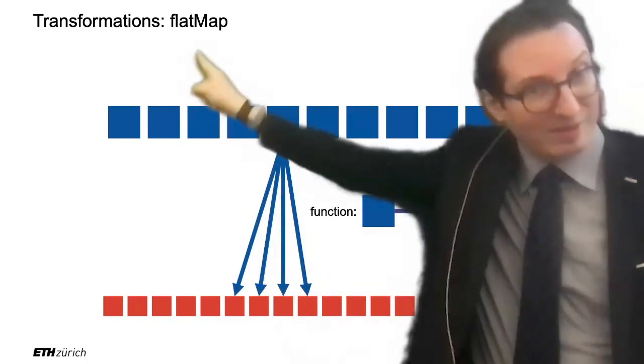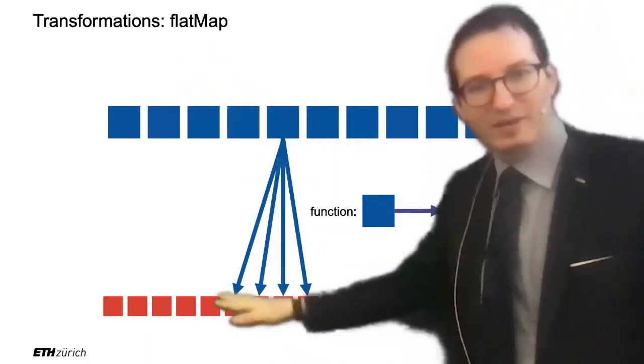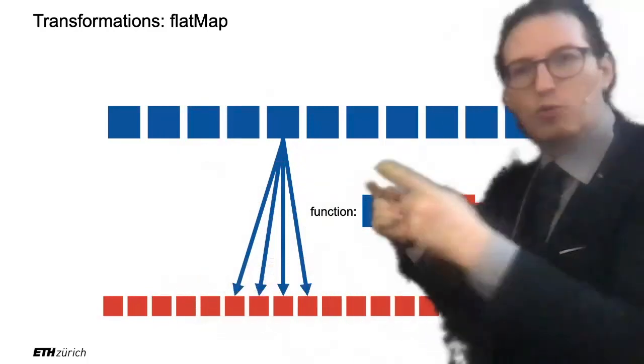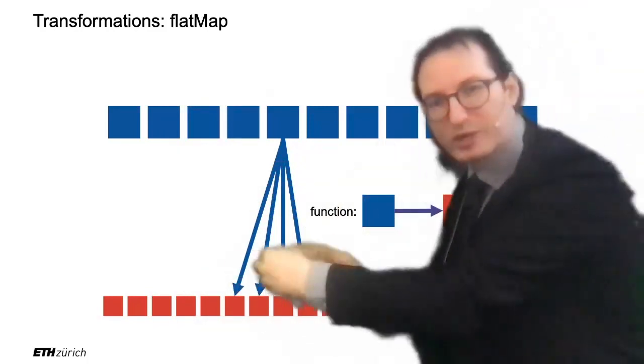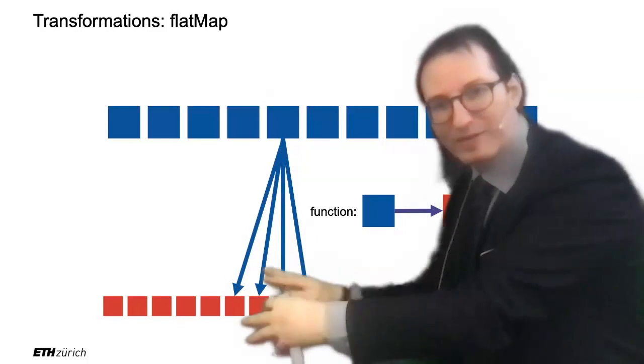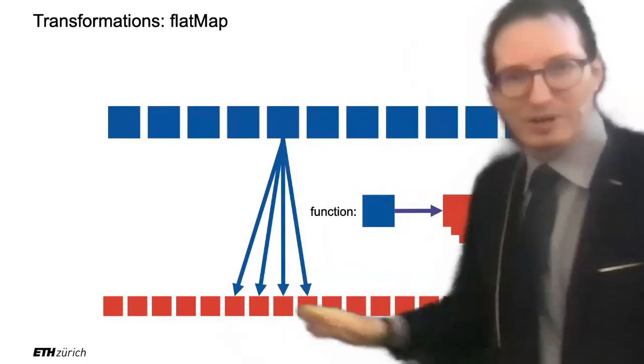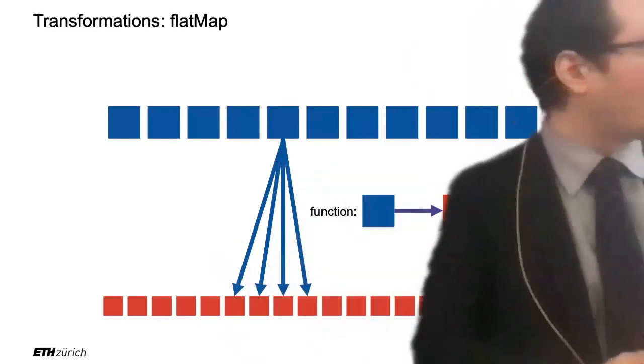But it's a flat map. So it means that once we've done that for every value here, we flatten everything again. It means we forget which values came from where, right? Once we have done that, we no longer know that these 4 came from the same place. This is why it's a flat map. Okay?